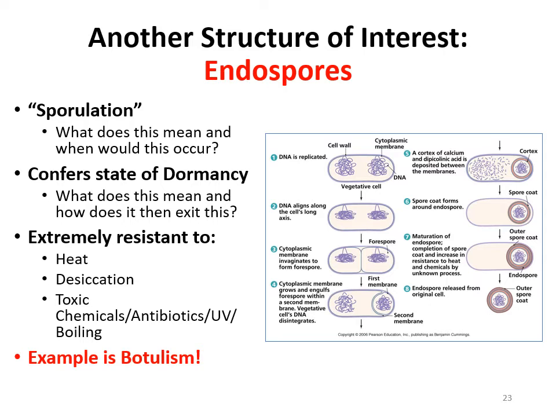What they then do is they stay in this state of dormancy, meaning inactive, while the threat is there. And then when conditions start to get more favorable, for instance, if the temperature has now dropped to a very comfortable temperature, or if the toxic chemicals have gone away, what they then do is they germinate.